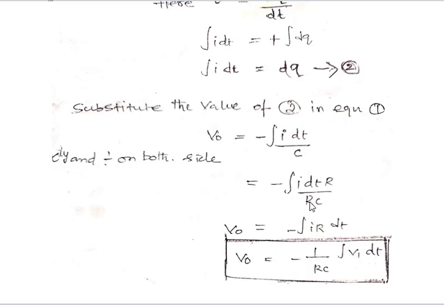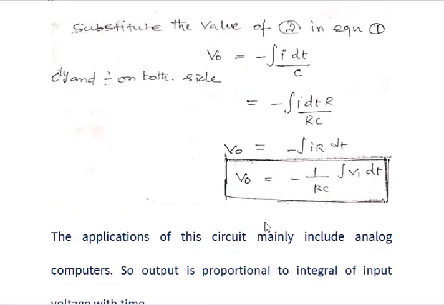So we get RC. I into R is nothing but a voltage, the product of resistance and current is taken as a voltage. So now the output of the integrator is minus 1 by RC integral V input into dt. So the output is nothing but the integration of the input voltage we applied.